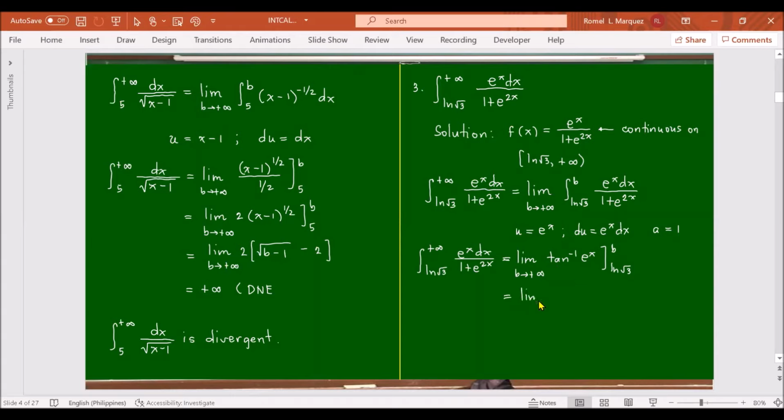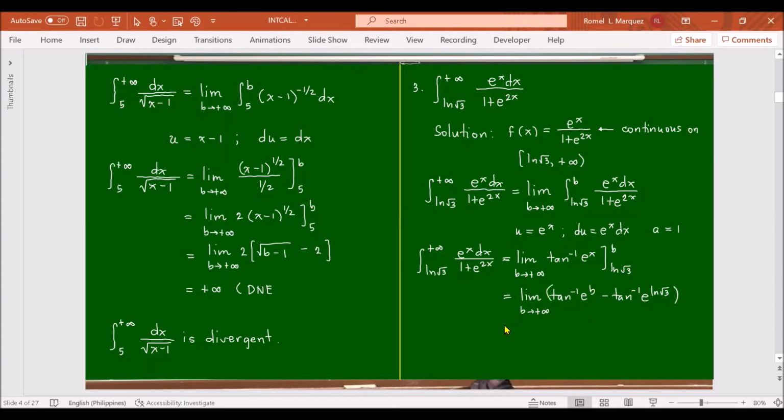So let's evaluate this inverse tangent of e to the x when x is equal to b. So we get the limit as b approaches positive infinity of tangent inverse of e to the b minus inverse tangent of e to the, so our x this time at the lower limit, we have ln square root of 3, okay? So let's simplify this.